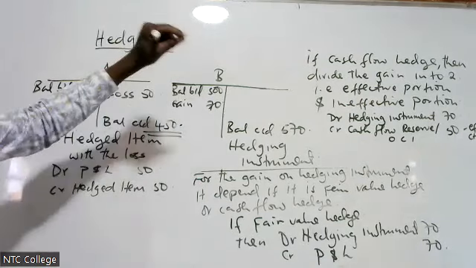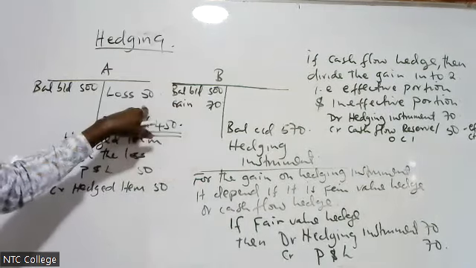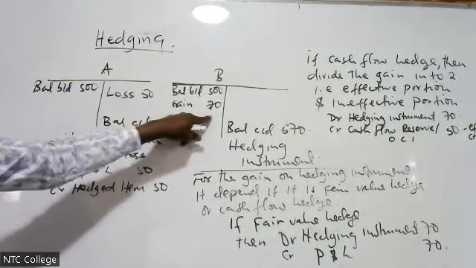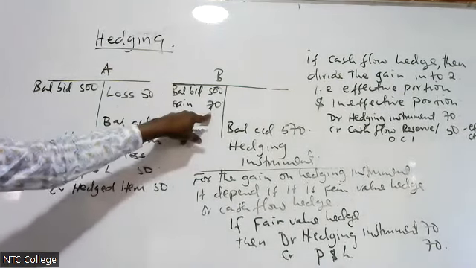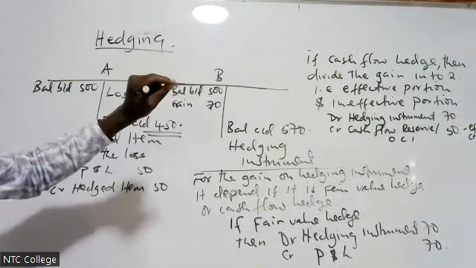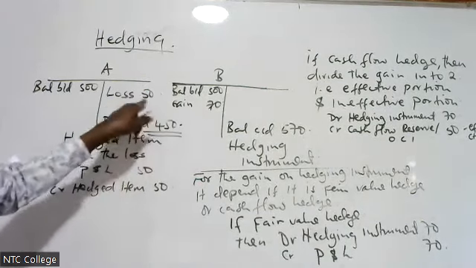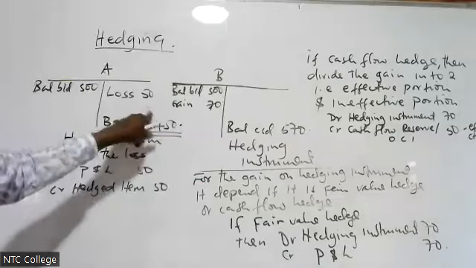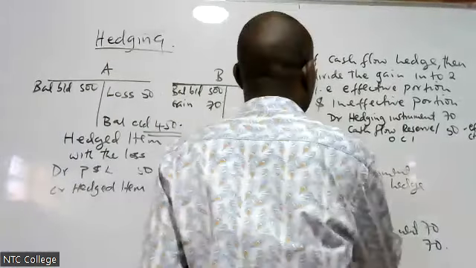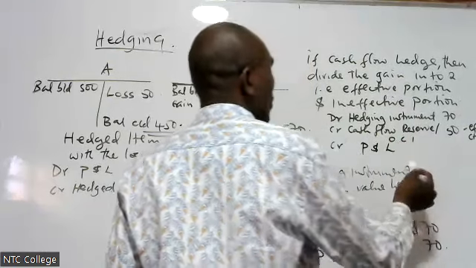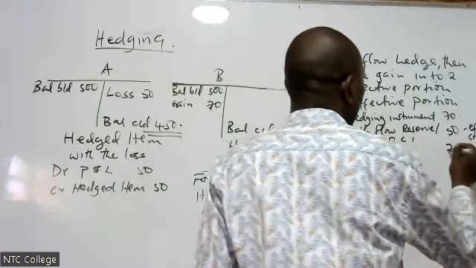Remember, the profit was more than the loss. Therefore, out of this profit, I'm going to divide it into the effective portion and the ineffective portion. The effective portion is the total loss that I'm offsetting. Then the balance, I credit P and L with the balance, which is 20.